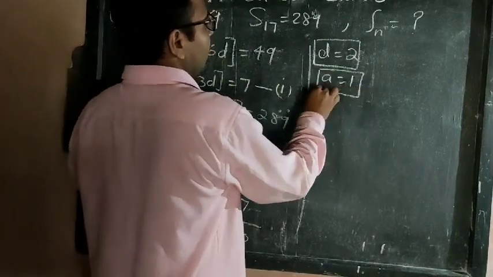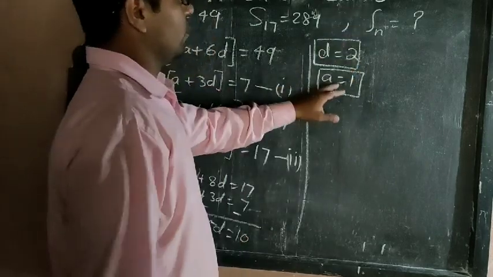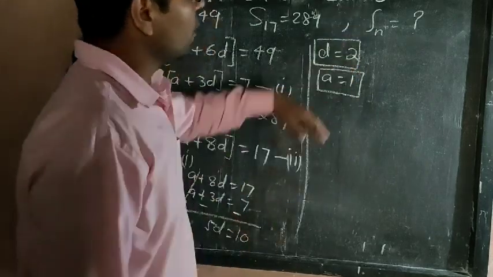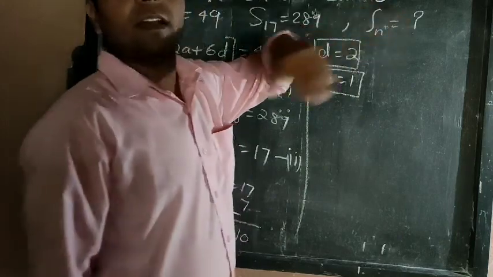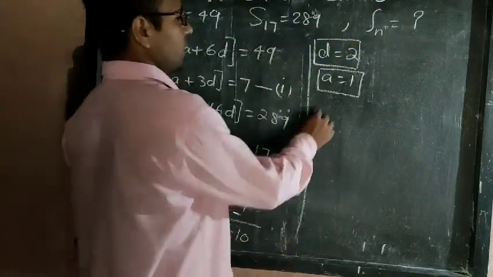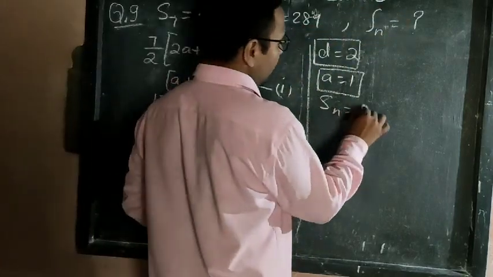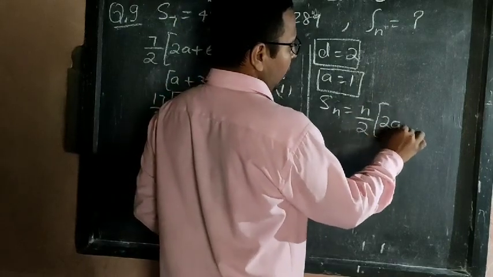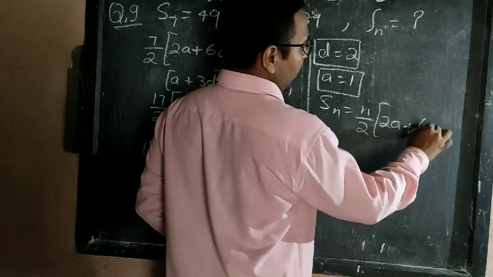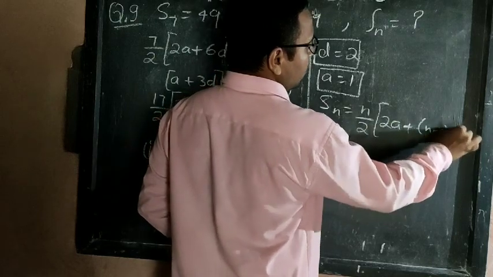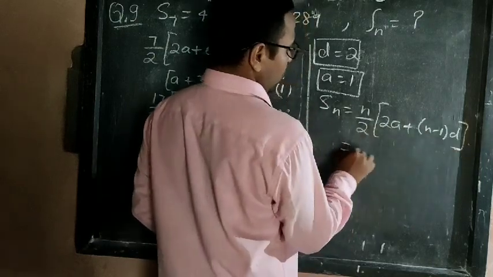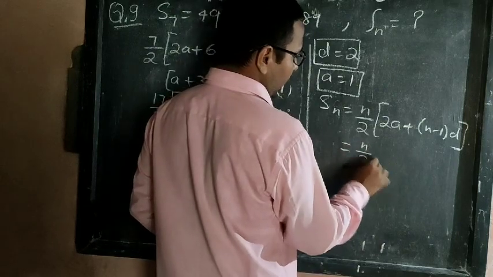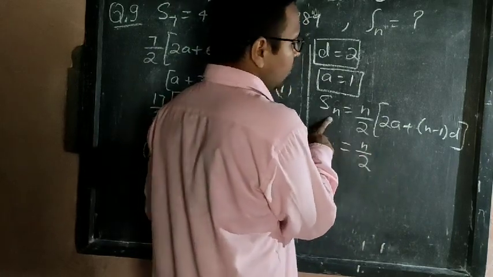So now as we have got the value of a is equal to 1, d is equal to 2, now we will substitute here. We will get the value of Sn. So the Sn formula is there. Using that formula, n by 2 into 2a plus n minus 1 into d. So n by 2, we do not know the value of n, keep it as it is.